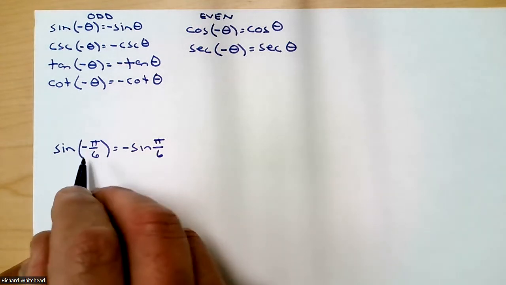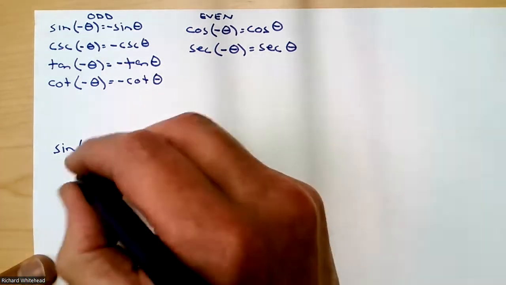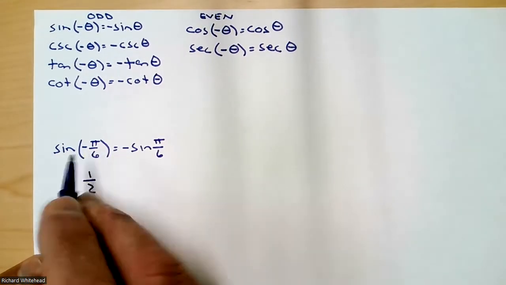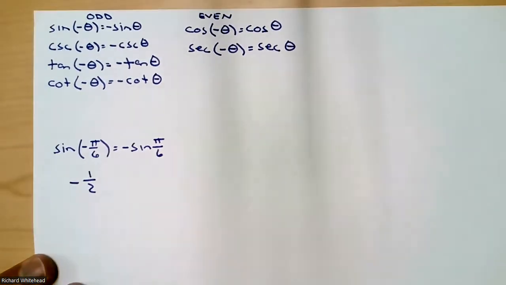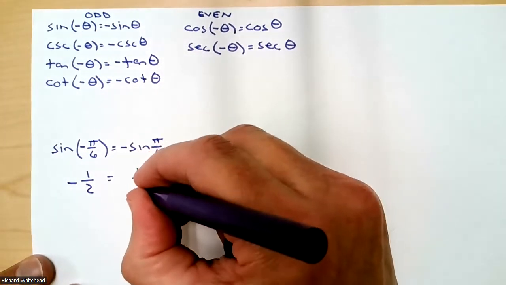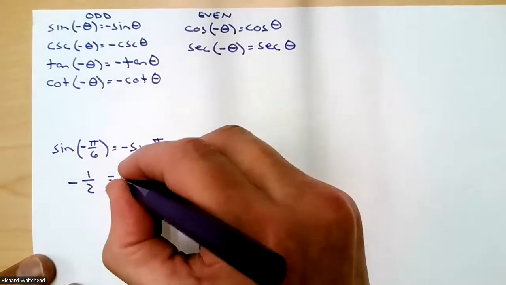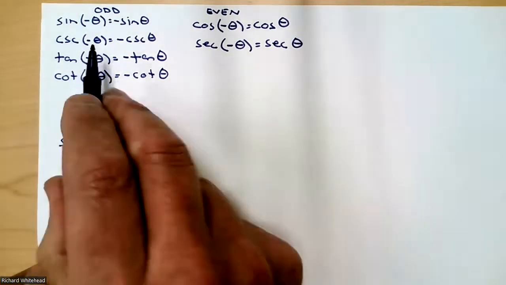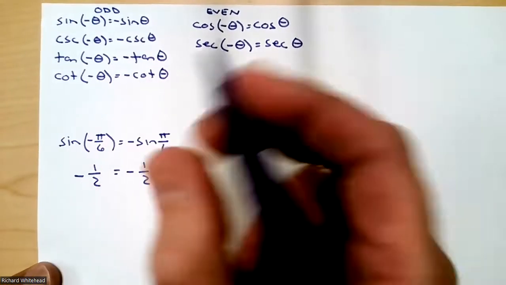Well, sine of pi over 6 is 1/2. But negative pi over 6 is in the fourth quadrant and sine is negative. So sine of pi over 6 is 1/2, but it's got that negative out front. So I got negative 1/2 equals negative 1/2. This works. We could do an example for all of these.